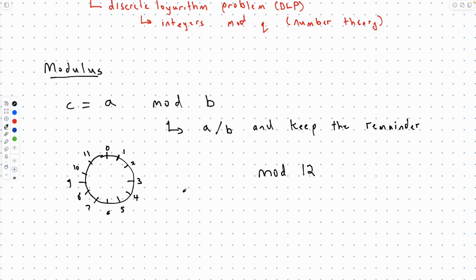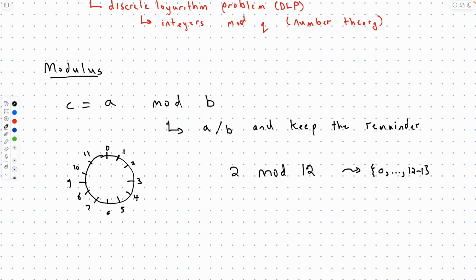Now, let's just go through this. This may be helpful. What is 2 mod 12? It's 2. So the first thing about mod is if you see any number between 0 and 12 minus 1, 12's the number that we're not quite reaching.